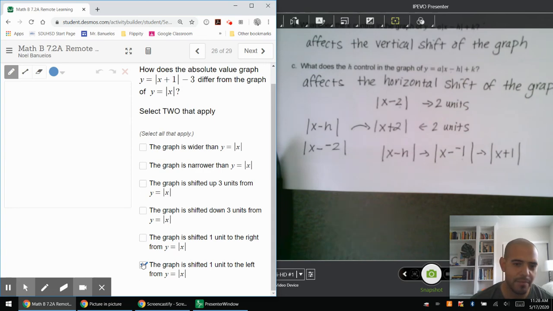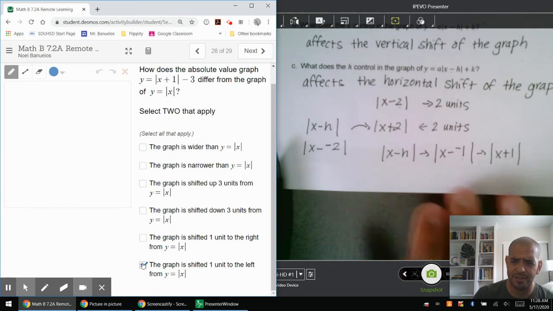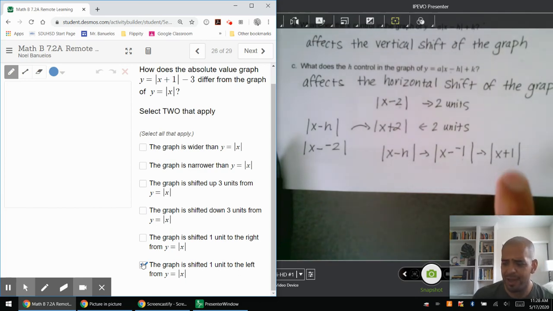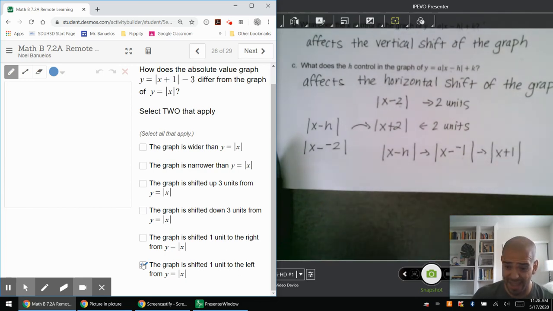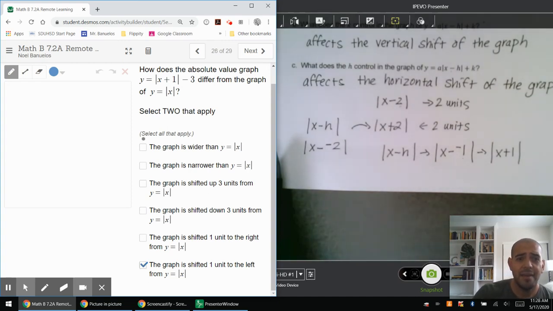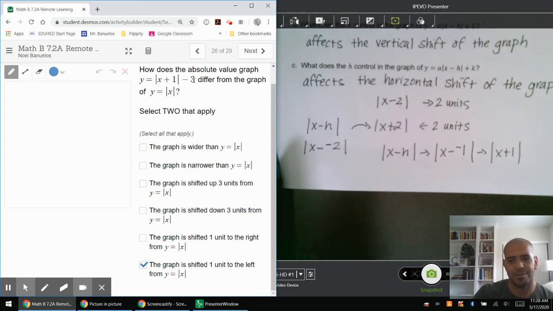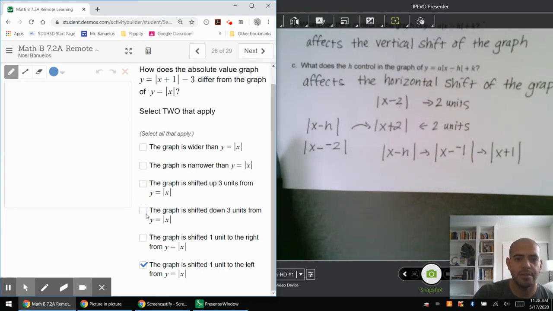And like I stated before, it took me a while to really straighten that out. I always thought do the opposite, but I don't know if that works for you. That's why I'm trying to clearly show you how positive 1 for the h is really a shift to the left. And then here, my k value is -3. That was straightforward. -3 moves down 3 units. So shifted down 3 units.